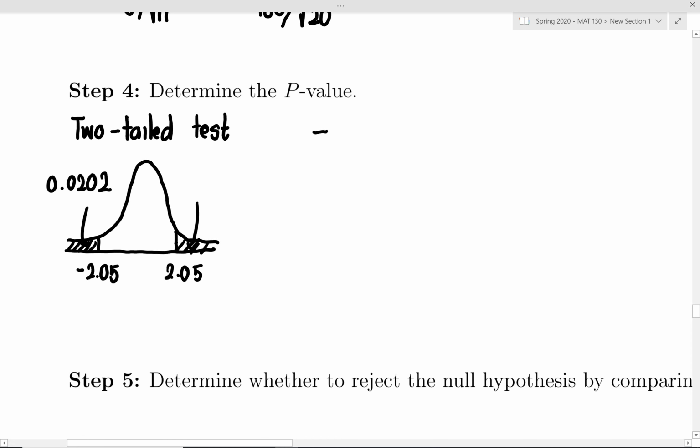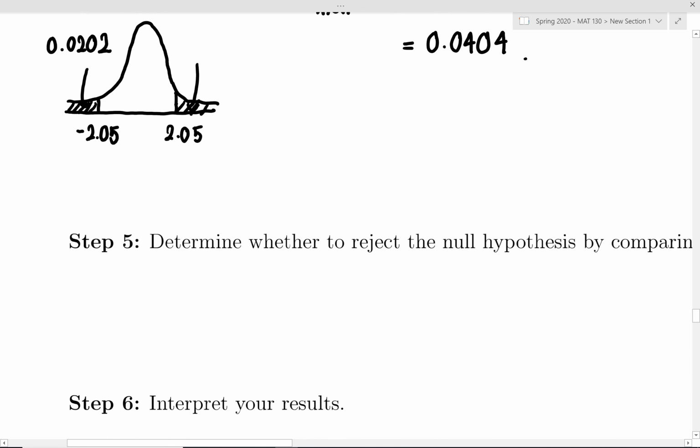So the p-value in our example is going to be these two areas, which is 2 times 0.0202, and this becomes 0.0404. So that's the p-value here.